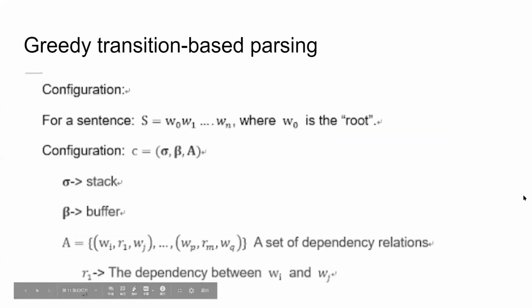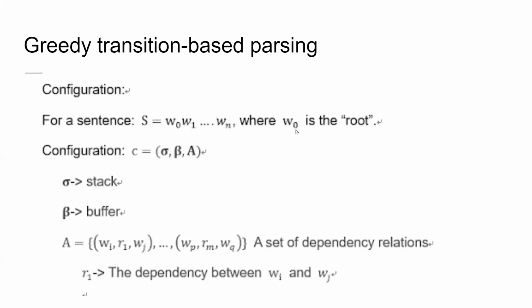A configuration or state can be written as C, which is a triple of stack, buffer, and dependency arcs. If we write a sentence as S, it has N words, from W0 to WN.